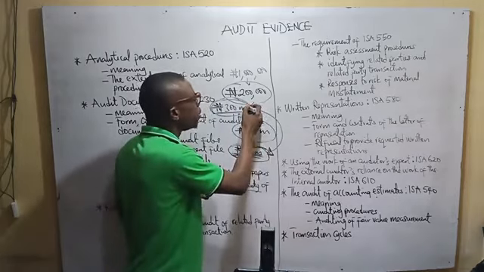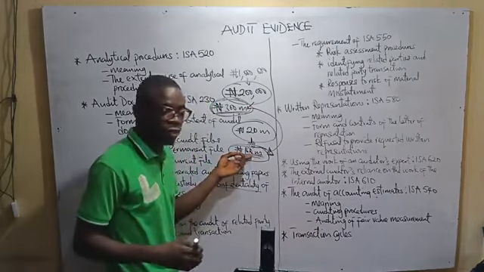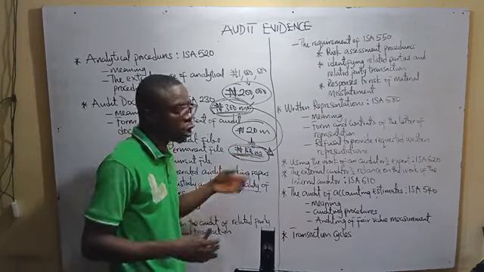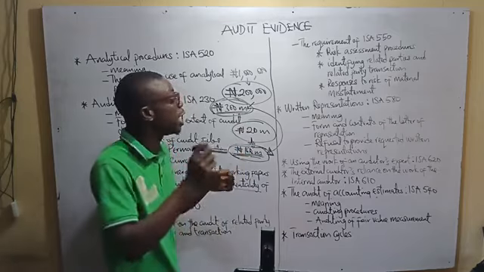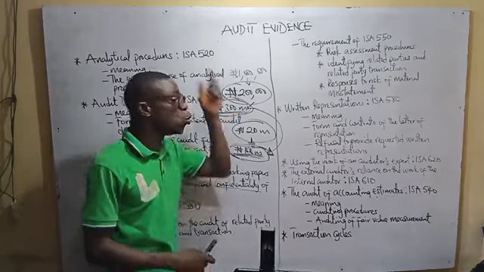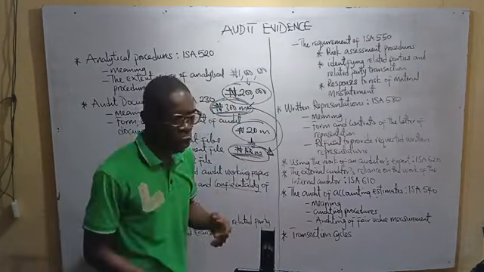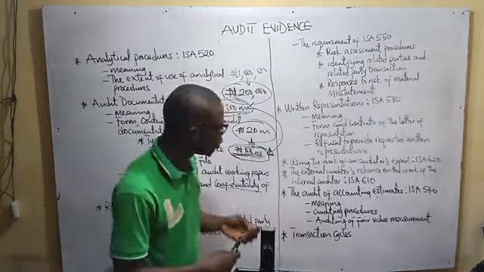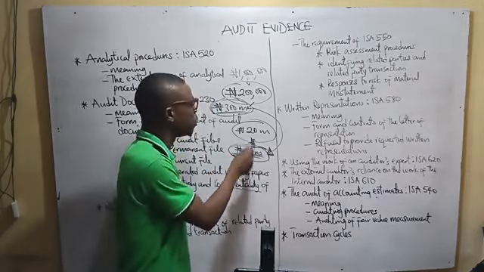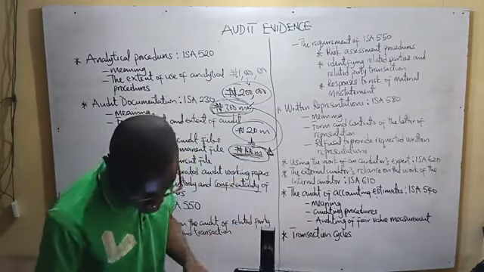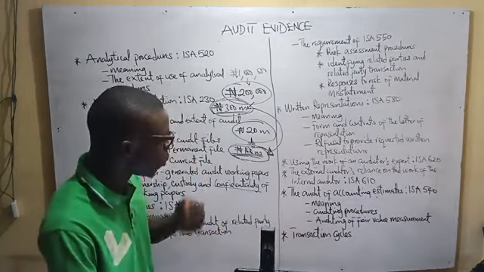That means the company will pay 300 million, and the company has only made an estimate of liability of 100 million if they lose the case. We can see that the company has undervalued the liability. That means the estimate is not correct, and this estimate can cause material misstatement in the financial statements. Any questions so far?